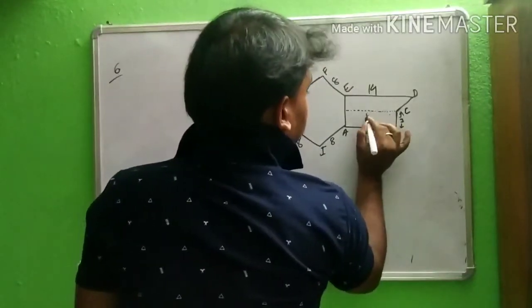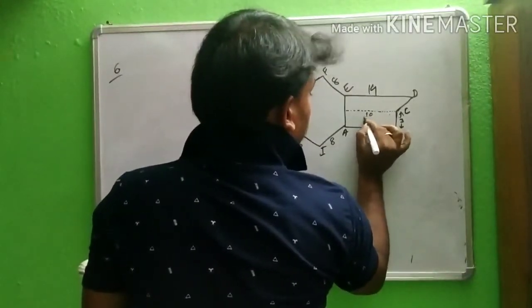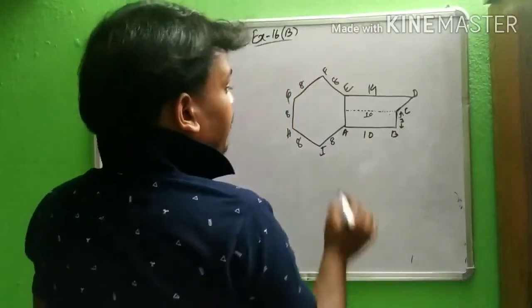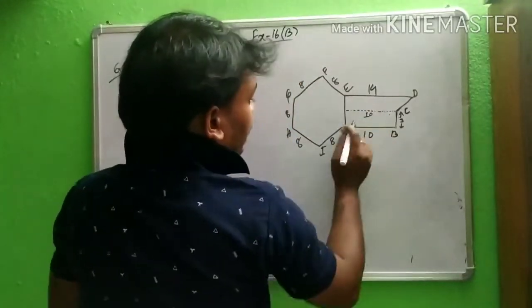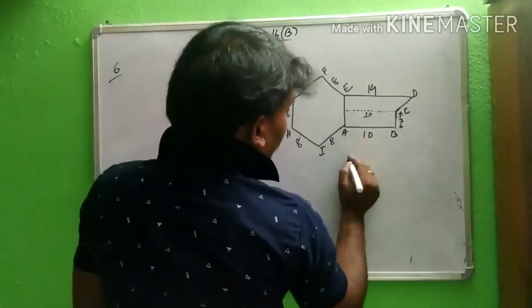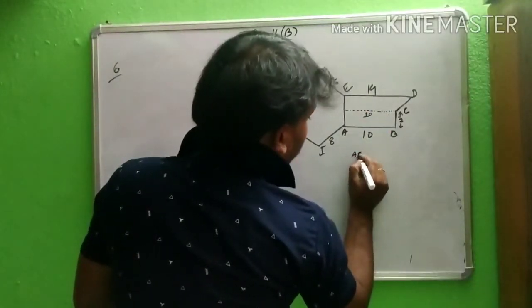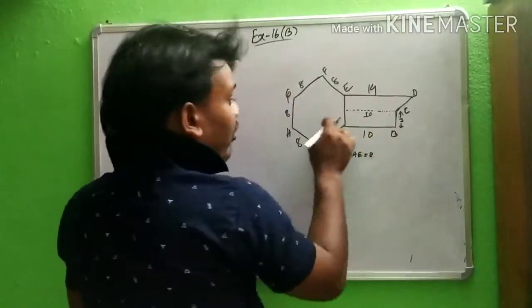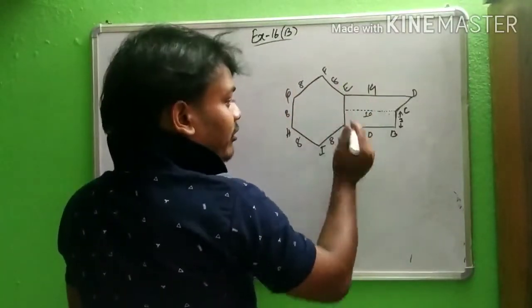So the value of this one is 10, and the value of AE is 8. In a regular polygon all sides are equal, so this one is also 8.